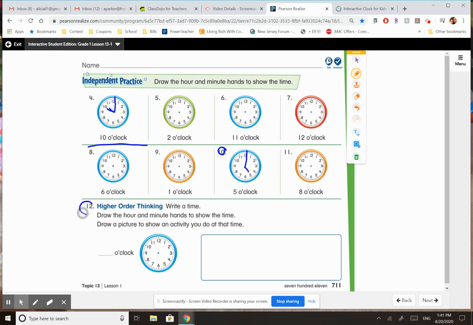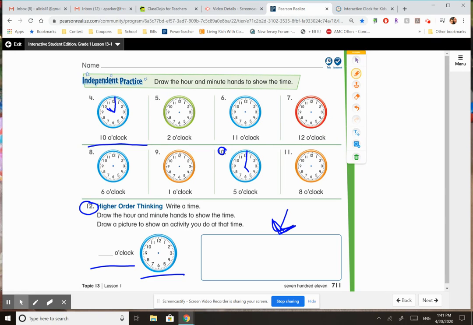For number 12, I want you to pick a time, anytime you want, okay? But pick a time that shows that you're doing something at home, either you're eating, you're brushing your teeth, you're napping. I love to take a nap. Dinner time, bedtime, whatever. Pick a time. Write down the time, show me the time, and then draw what you're doing at that time.